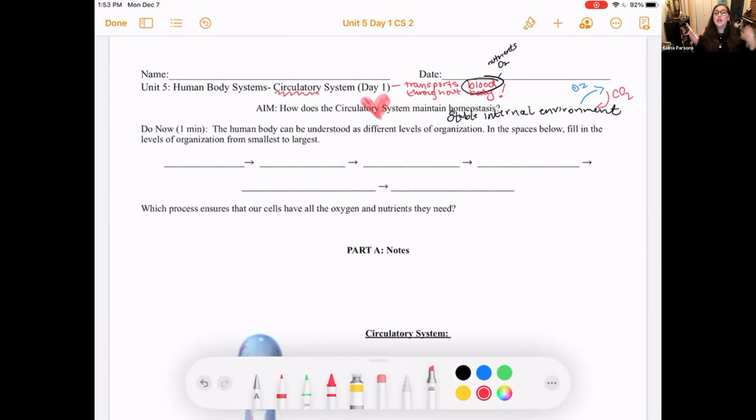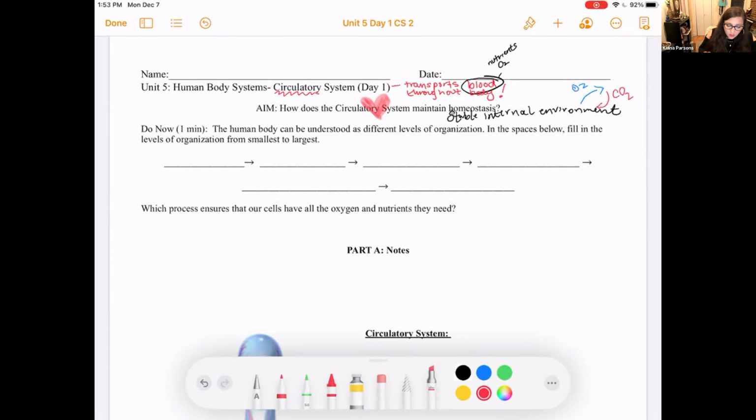They're heading to the cells to complete cell respiration and give all of our bodies the energy, the ATP that they need to carry out essential life functions to keep us alive. Again, thanks, circulatory system.